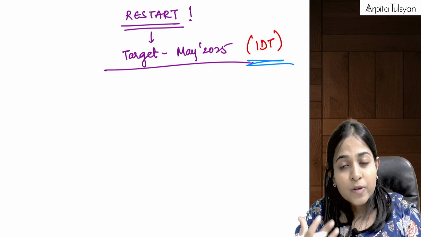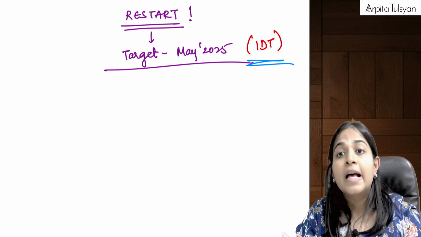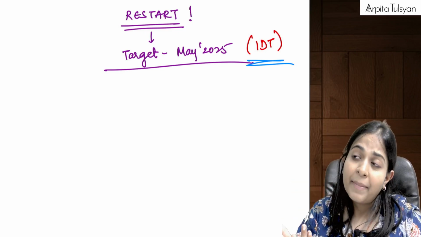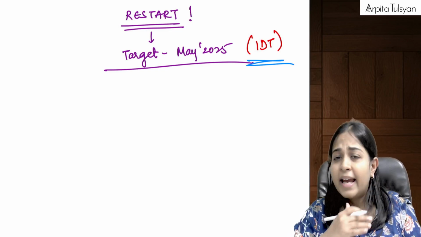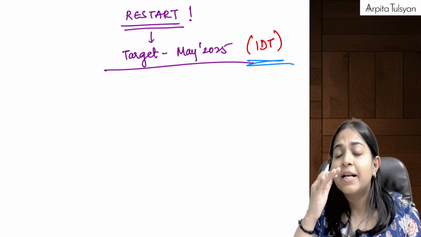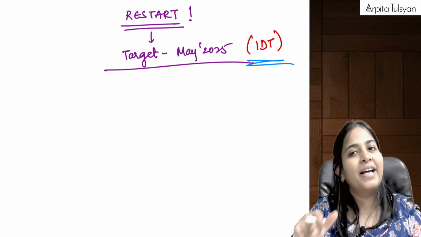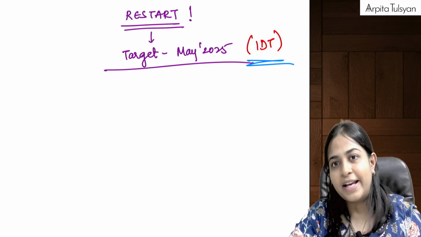Was I able to complete my syllabus last time? Was I able to do sufficient writing practice? Was I able to cover all the amendments? Was I able to do the revision? You just need to question yourself. You will get yes, no, okay types of answers, and depending upon that, your preparation for the upcoming May 25 examinations is going to depend.